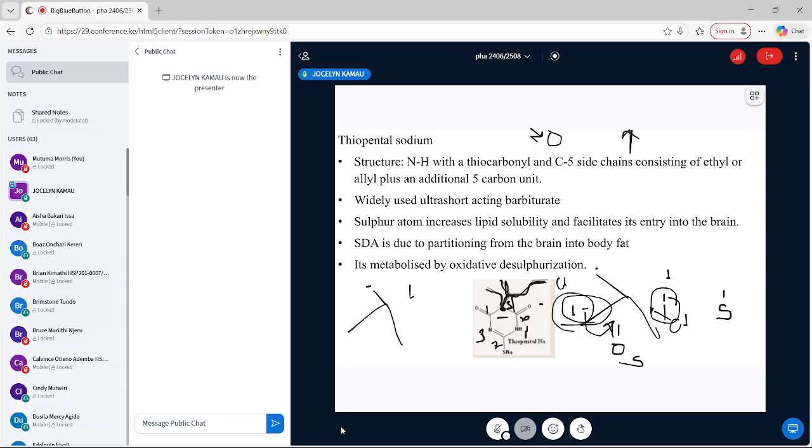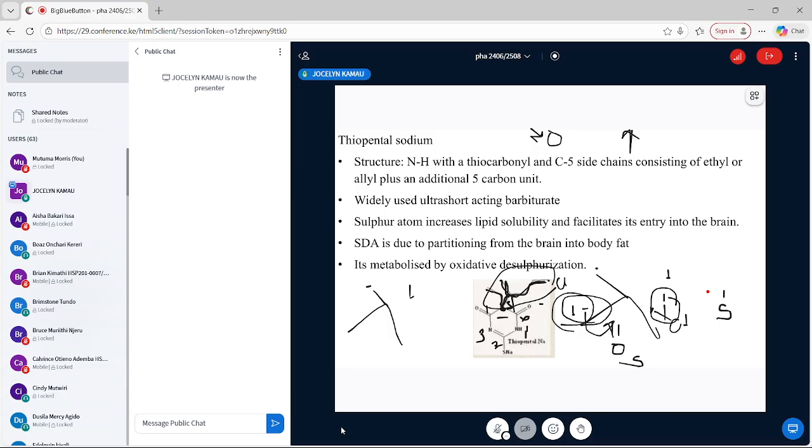For general anesthetic activity, the carbons at position number 5 must be between 7 and 9 carbon atoms. They must be between 7 and 9 carbon atoms if that compound is going to be classified as a general anesthetic, or ultra short acting. And if you count again, 1, 2, 3, 4, 5, 6, 7.